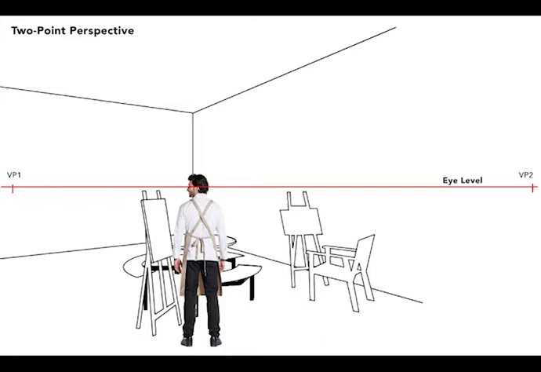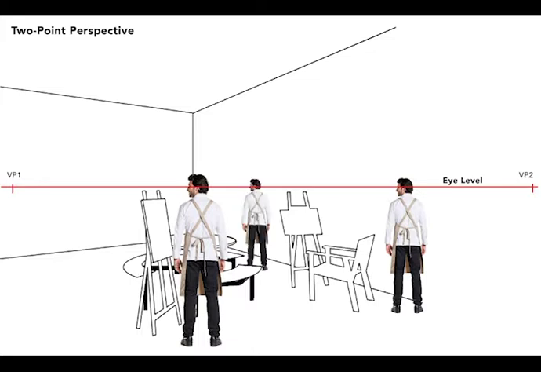Now let's say this man has moved to the smaller easel on the right. So this is how it might look like. Now again, look at the eye level line. It passes through his eyes. Next, he moves further away in front of the small easel.